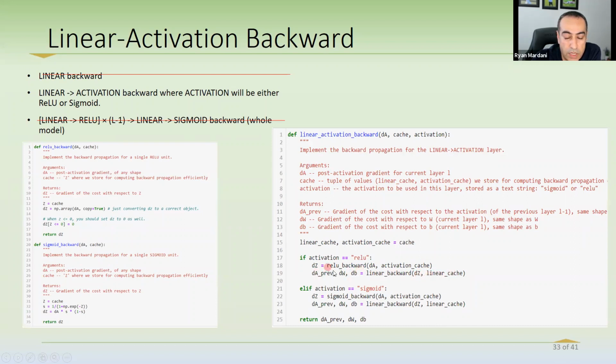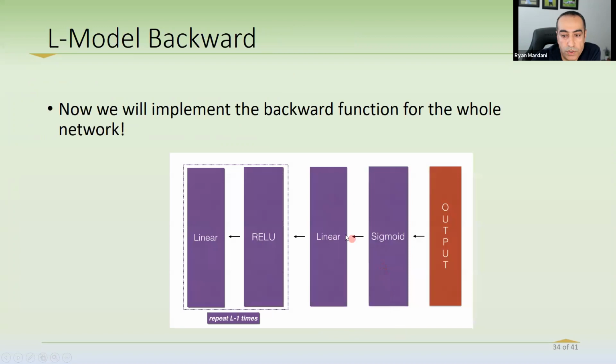We need to calculate dA previous, dW, and dB. We need to return these values again because in the last layer, the last combination of this function, we require them. I talked about this here. Actually, the output is here. We have sigmoid as the last one, and now we are deriving this way.